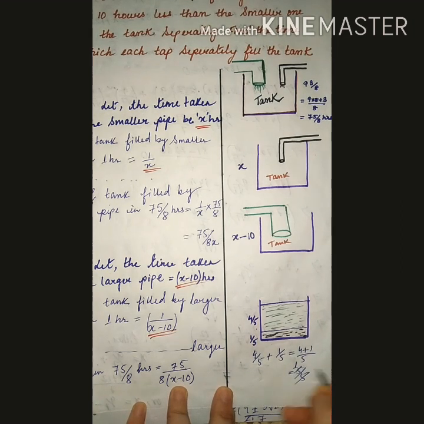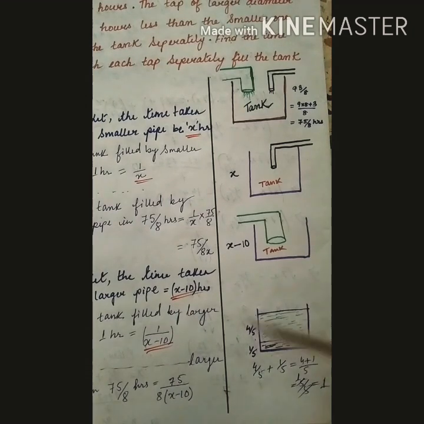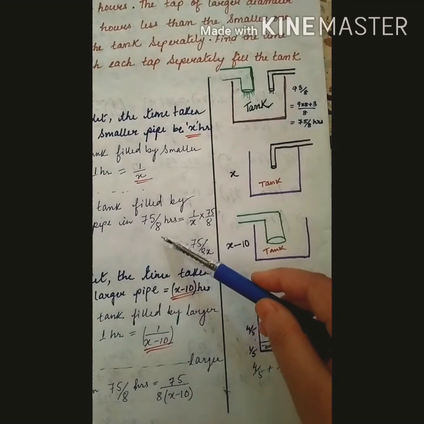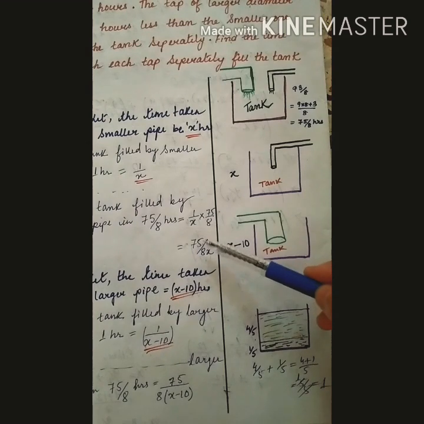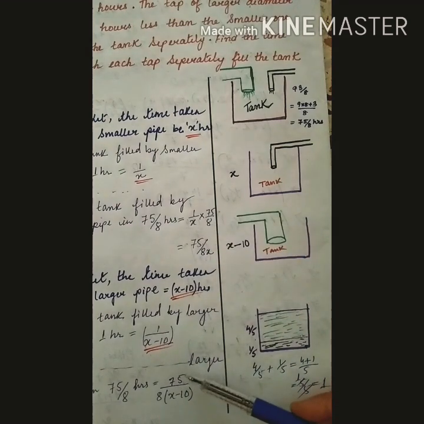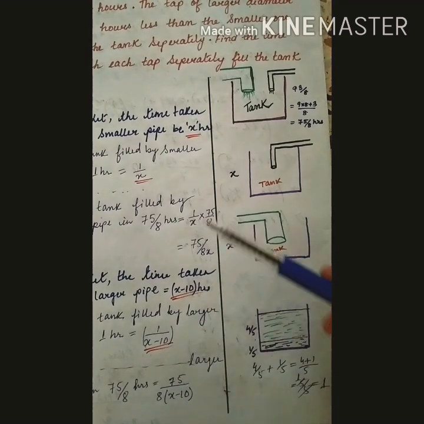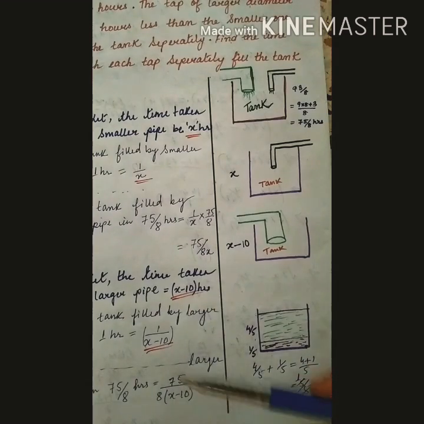Together it completes the whole tank. Similarly, in 75 by 8 hours, the smaller pipe filled this one, the larger pipe filled this one, and together it completes the whole tank, isn't it? So how will we make the equation? This plus this equal to 1.